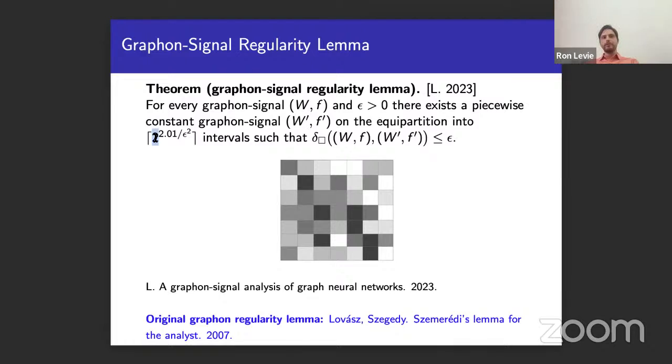Right, why is it 2 to something over epsilon squared? The way it is proven is that, here, all of the communities are non-intersecting in the partition. But in the proof, you start with communities that can intersect each other. Then you have something like 1 over epsilon squared communities, or 2 over epsilon squared.